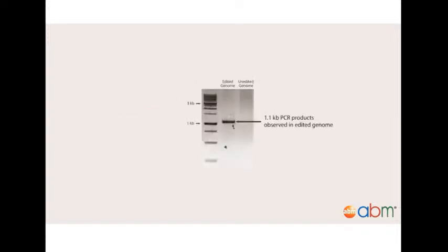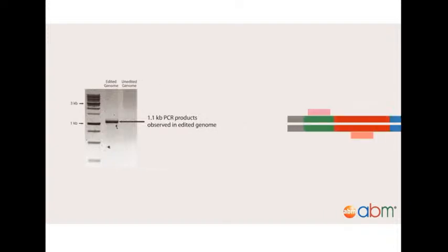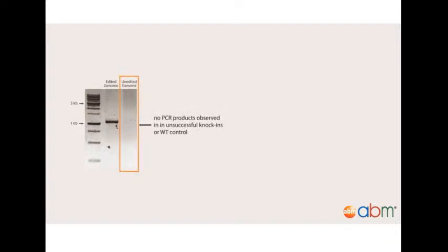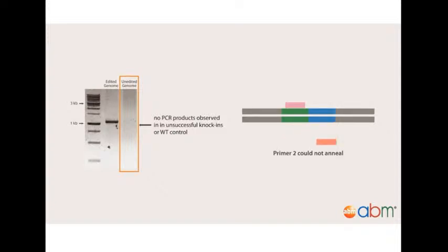Gene knock-in was confirmed when a PCR product of 1.1 kb was observed, indicating that primers 1 and 2 were both able to bind to the edited genome to enable successful PCR amplification. In the case of a non-successful knock-in or in the presence of wild-type control cells, no PCR products were observed, as primer 2 could not anneal to the target site and enable amplification.